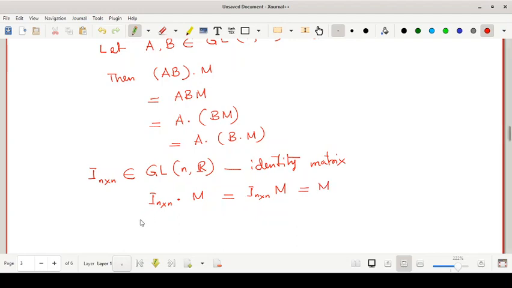So clearly this matrix multiplication is a group action of the group GL_n(R) on M_n(R).